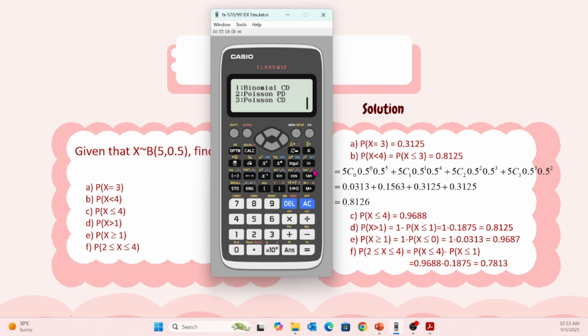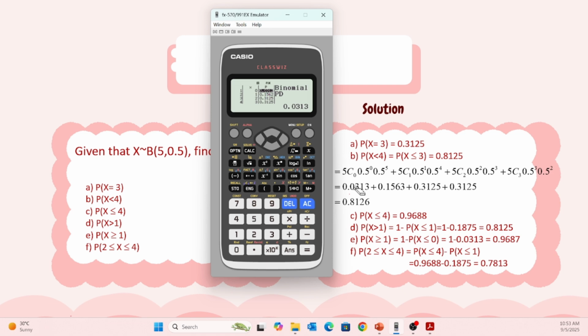If you want one by one, then use number 4, binomial PD list. Then for x you have 0, 1, 2, 3, 4, 5. N is 5, P is 0.5. Then it lists down here.